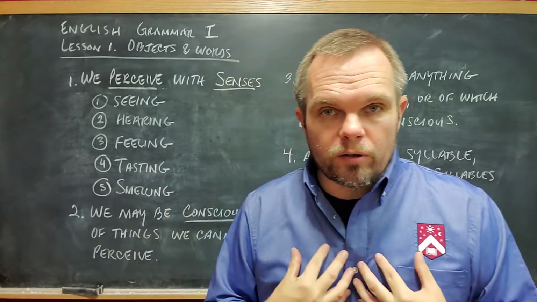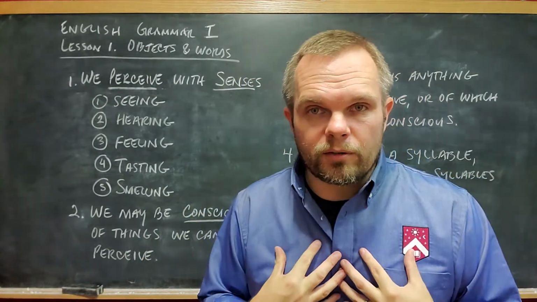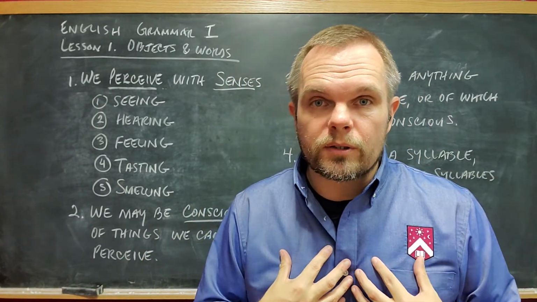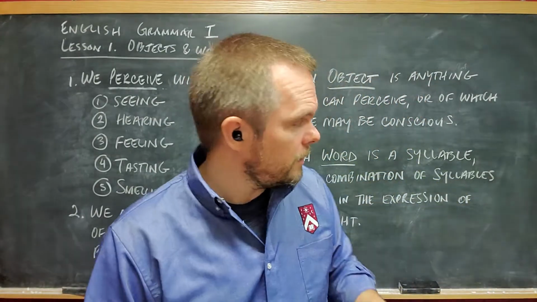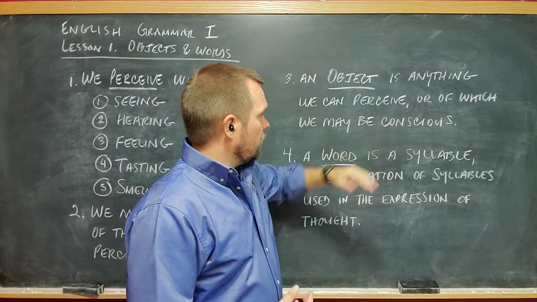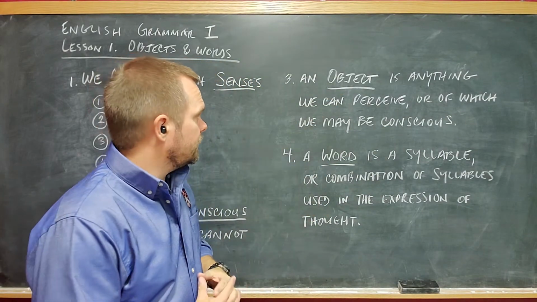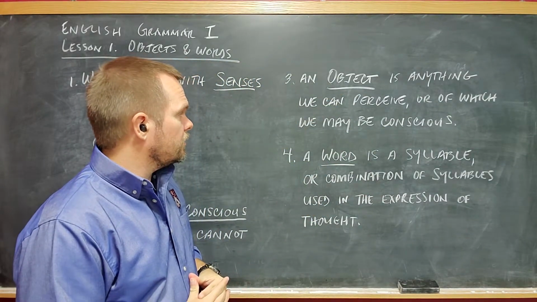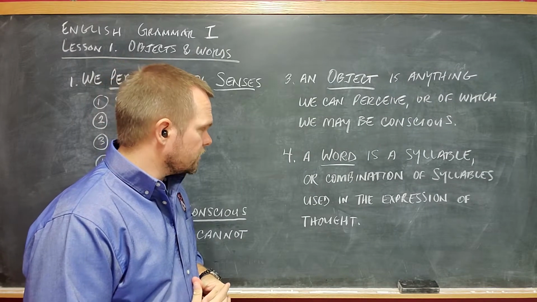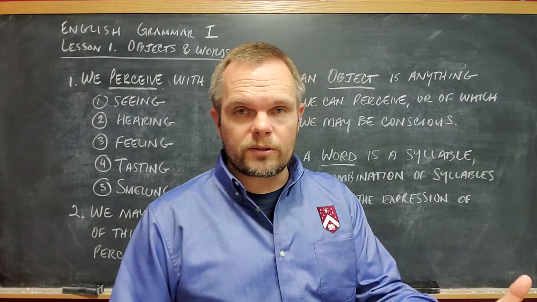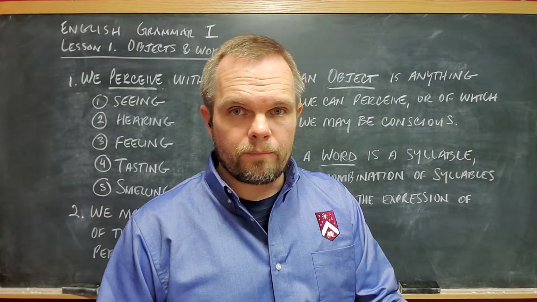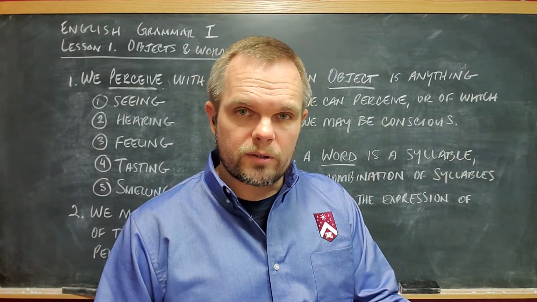We can learn about things, we can be conscious of things by words spoken or written by other people. So, an object is anything we can perceive or of which we may be conscious, but we share our thoughts using words.